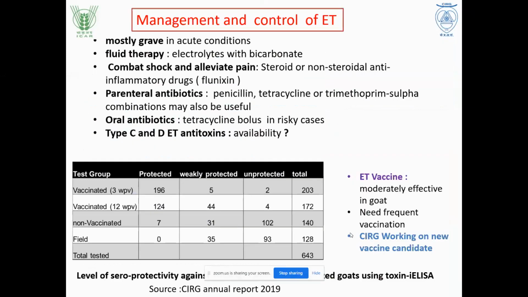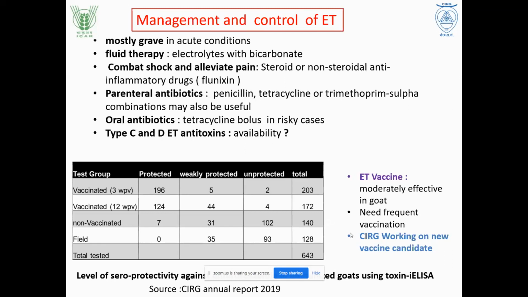Now the management and control of enterotoxemia. Generally, enterotoxemia has a very grave sign: acute mortality. But in chronic cases, you have time. Otherwise, in acute clinical symptoms, the doctor has no time to treat the case. Fluid therapy involving electrolytes and bicarbonates, and to combat the shock, steroids and some non-steroidal anti-inflammatories are generally recommended.